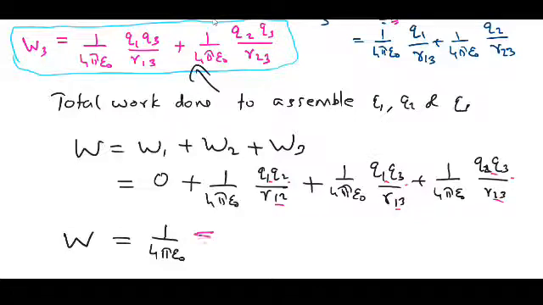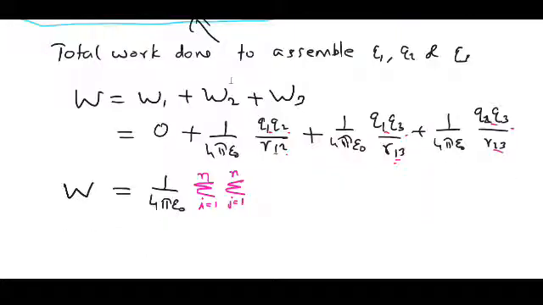I can write this summation over i, that is run from 1 to n if there are n number of charges. That is a first number 1, this one is 2. Then summation second digit j runs from 1 to n. Another thing, if this is i, this is j, j is always greater than i.